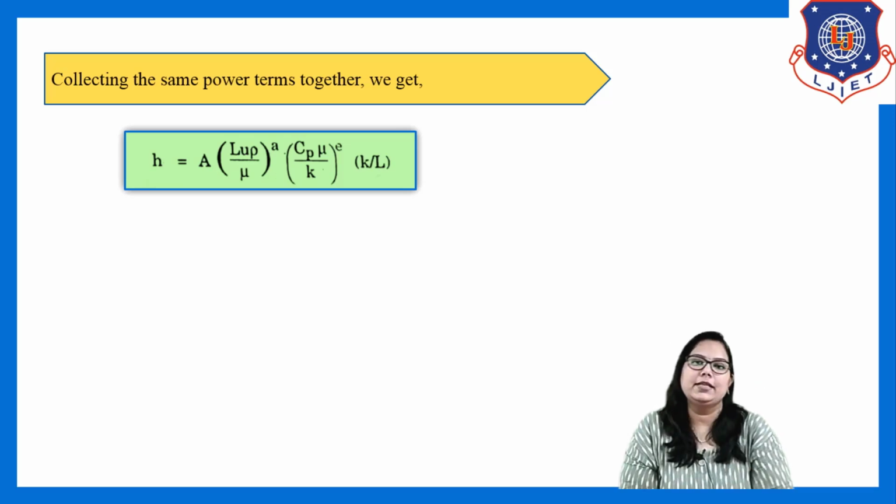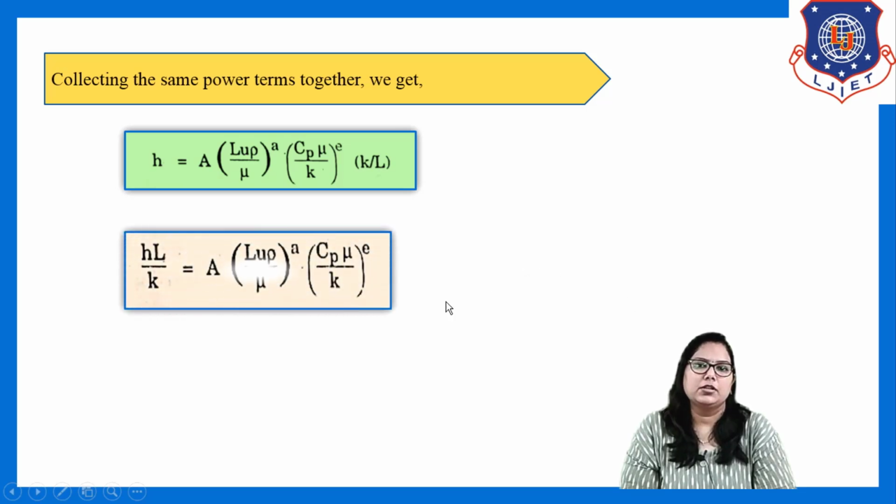I am now rearranging this equation. So hL by k is equal to A into bracket L u rho by mu raised to a and Cp mu by k raised to e.